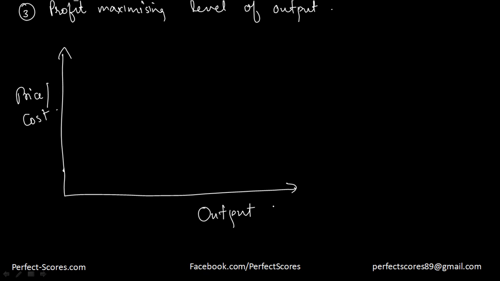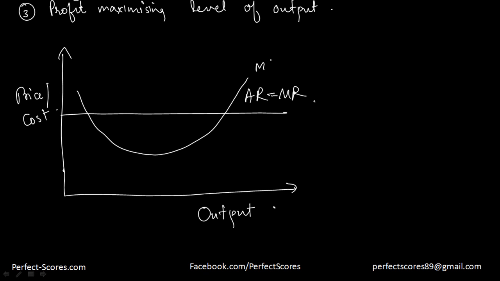Now if I were to draw the average revenue and marginal revenue, which is going to be this line over here, our average revenue is equal to the marginal revenue. Now if I draw the marginal cost curve, this is how it looks. Now understand, from this point to this point, what is happening?